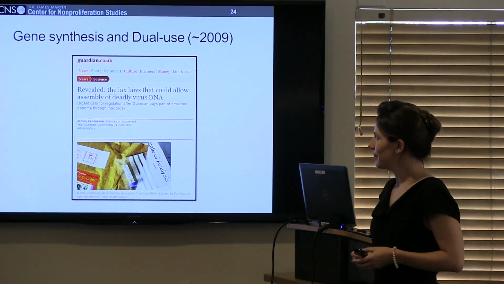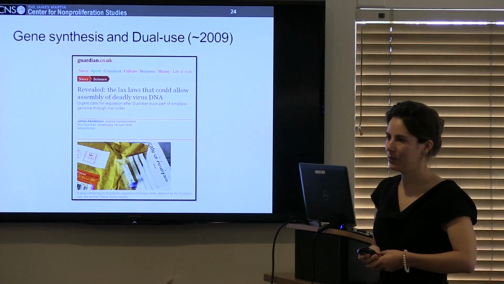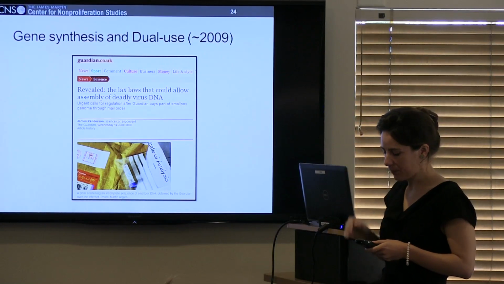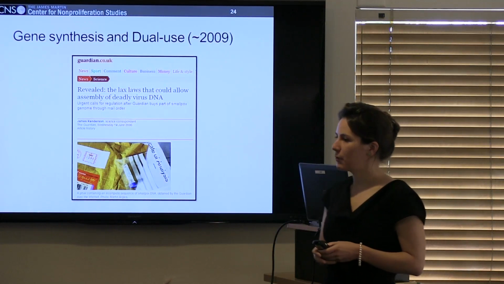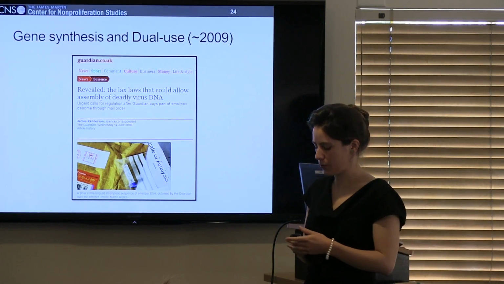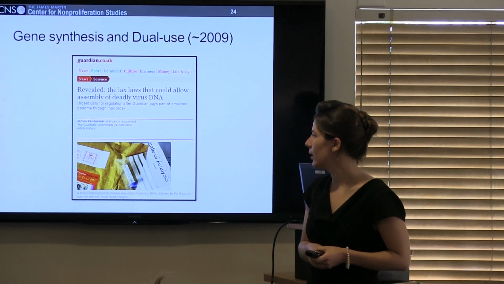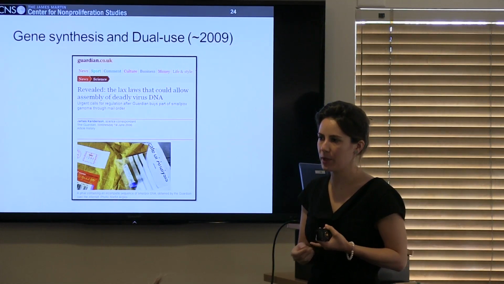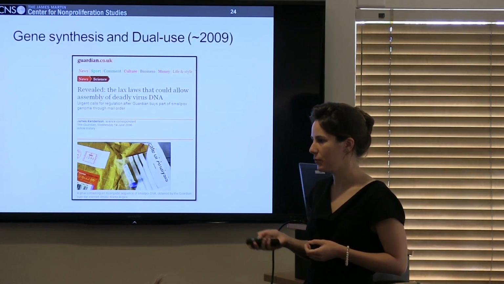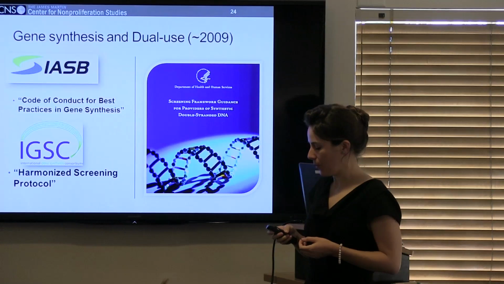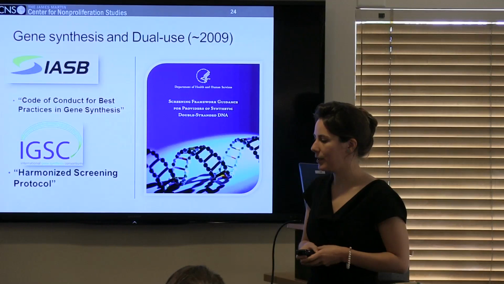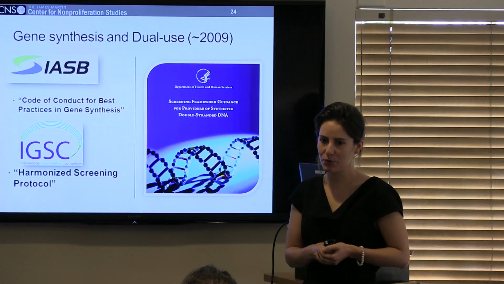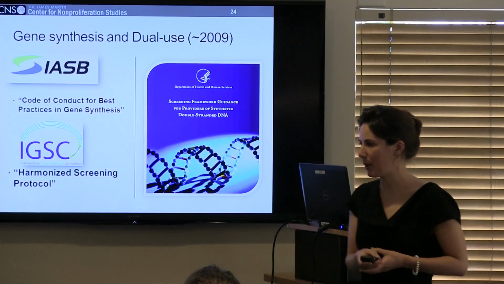So, moving on to how people can acquire these agents, there are means to prevent that. One concern was coming from the gene synthesis industry, and that would be that people might be able to order genomic elements from bioagents that they are not supposed to have access to. So the different companies decided to put in place a code of conduct and try to prevent that from happening.